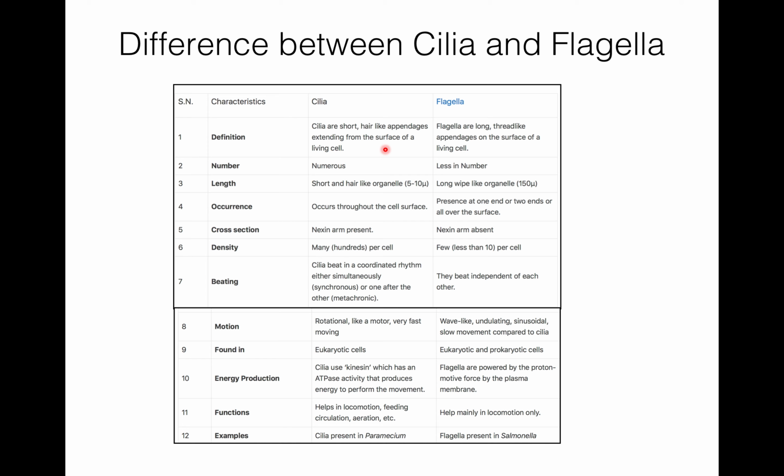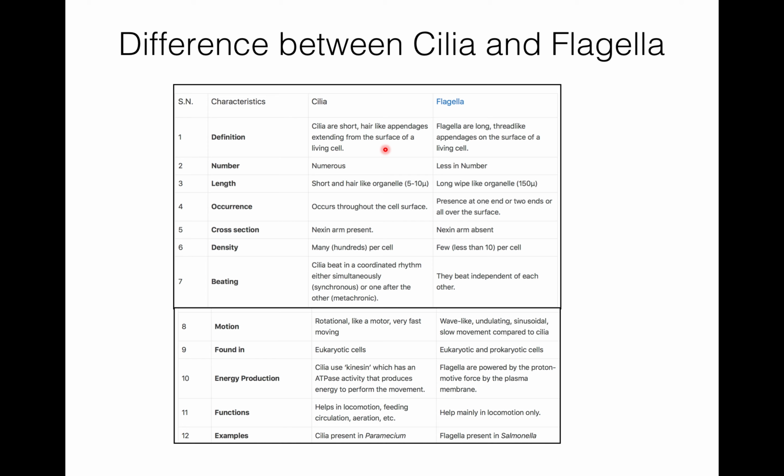If we talk about beating, cilia beat in coordinated rhythm, either simultaneously, meaning synchronous, or one after the other, that is metachronic. And flagella beat independently of each other. Cilia beat either metachronously, meaning cilia of transverse rows beat in coordination, or synchronously, meaning cilia of a longitudinal row beat in coordination.